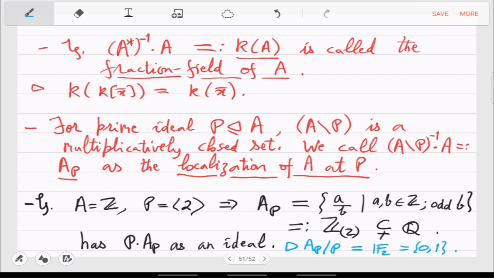So we have defined till now localization by T and by a prime ideal. The same thing we can do also for the projective case, where you have to take care of homogeneity.